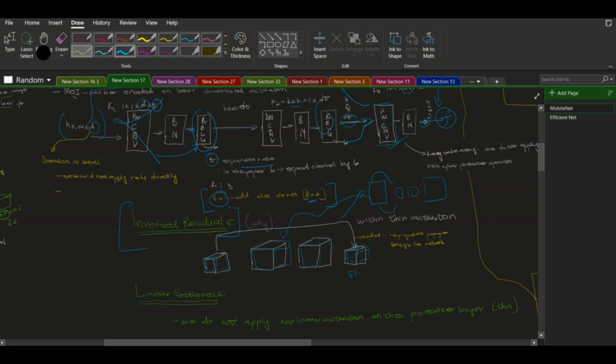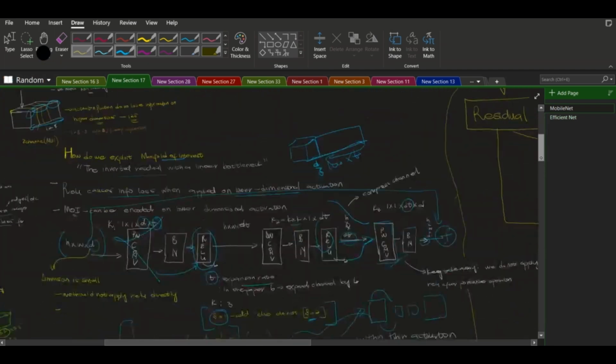And then they call it linear. The reason they call it linear is that for that small guy, we don't apply ReLU there. Because we don't apply ReLU, that non-linear functionality, it becomes a linear function. Hope it makes sense, right? So I feel like that's the key takeaways from MobileNet Version 2.